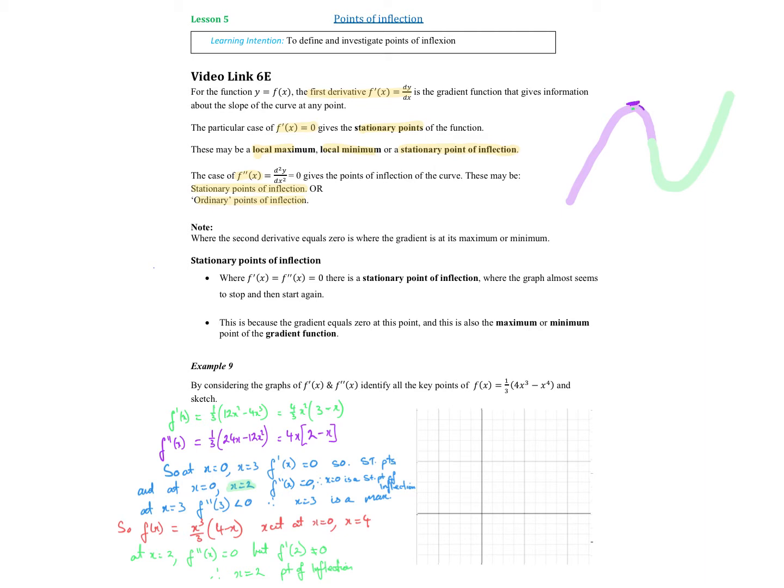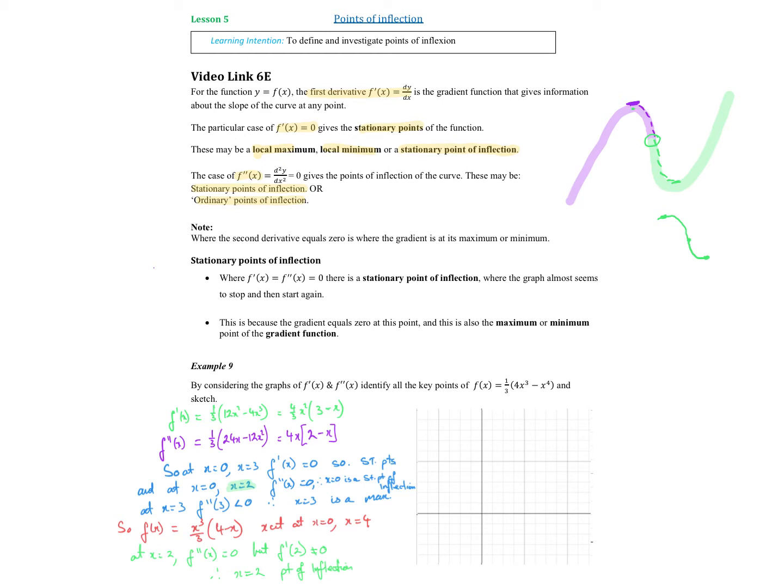It's getting steeper and steeper until some point in time it starts to get shallower and shallower and comes back to 0 again. That point of maximum steepness, that's my point of inflection. So my graph is at 0 gradient, steep gradient, and then it starts to make its way back down to a 0 gradient again. So that's what a point of inflection is.